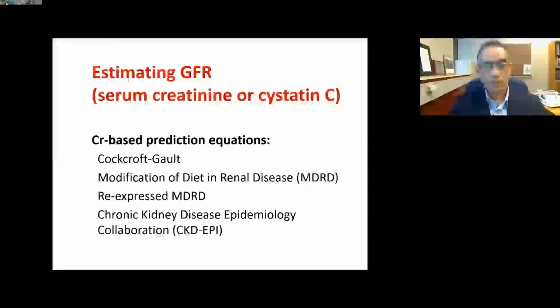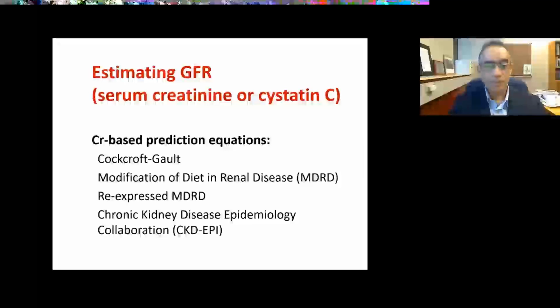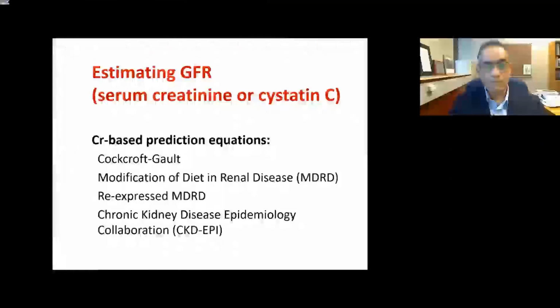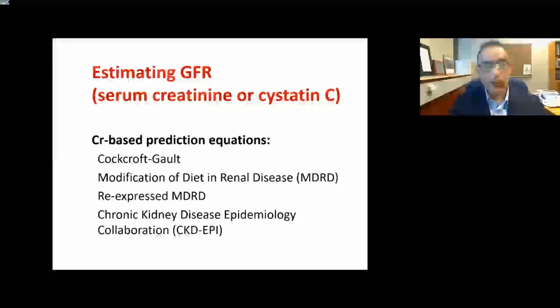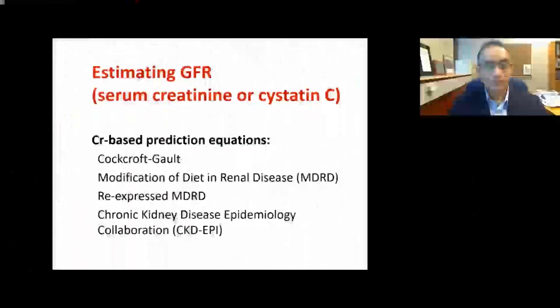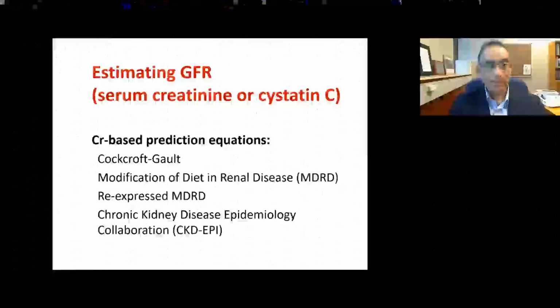The assumption in using all of these is that creatinine is a good marker of GFR. You'll note that many of these assumptions are not completely true. We also assume that creatinine production and therefore excretion is related to muscle mass, and that we can predict this by looking at factors such as age and sex.